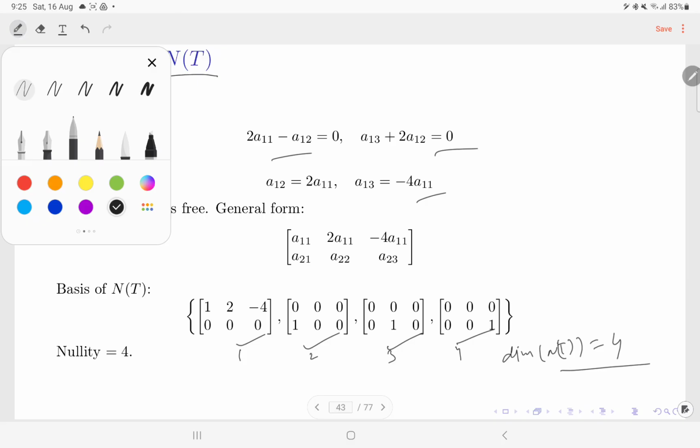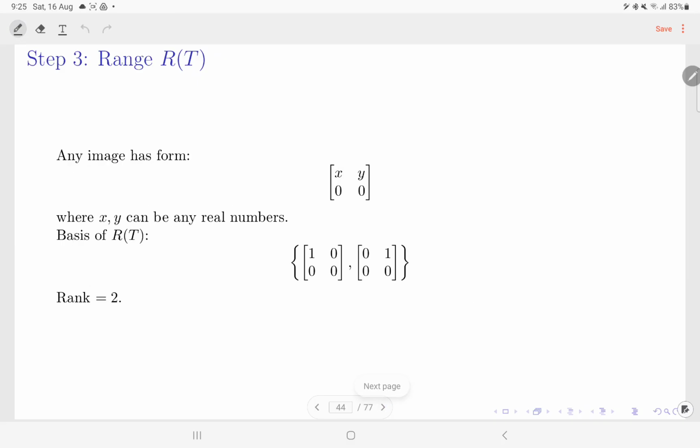Okay. Now what about the range of T? Of course, use the same definition of how to find the range of T, and you will get this thing, and the dimension is 2. And from here you can also show the rank nullity theorem.